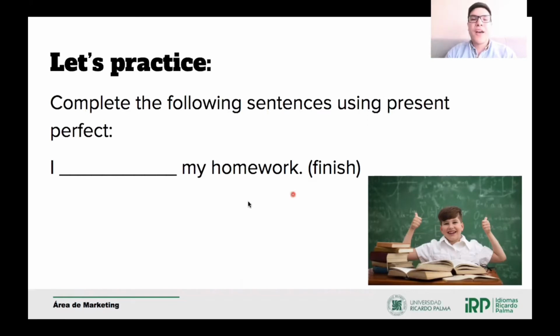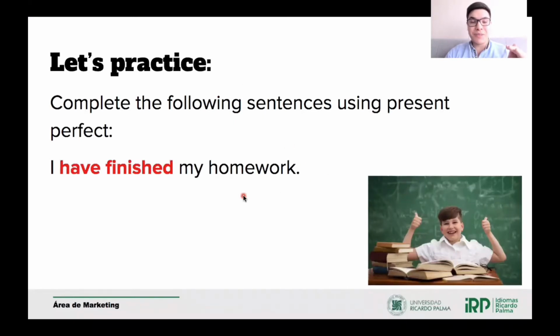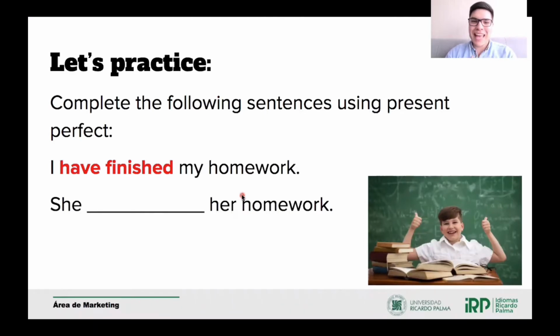Present perfect. First, we have to use have or has. Have, right? In this case, I have, and the word finish is a regular verb. So we're going to use I have finished my homework. Very good.